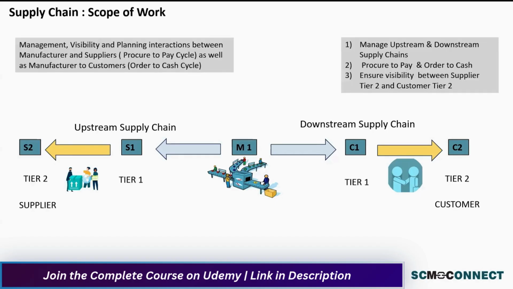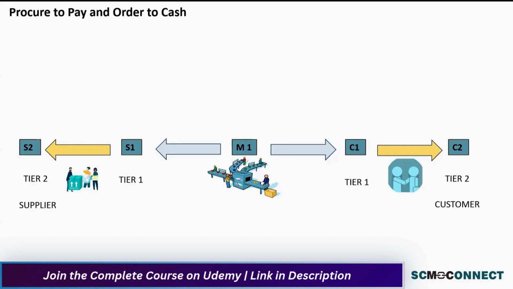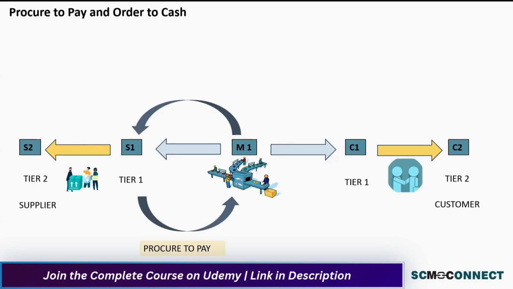Right? Now, in all our ERPs and data management stuff, the upstream supply chain is termed as procure-to-pay, P2P process. You are procuring stuff, and then finally you are making a payment for it.